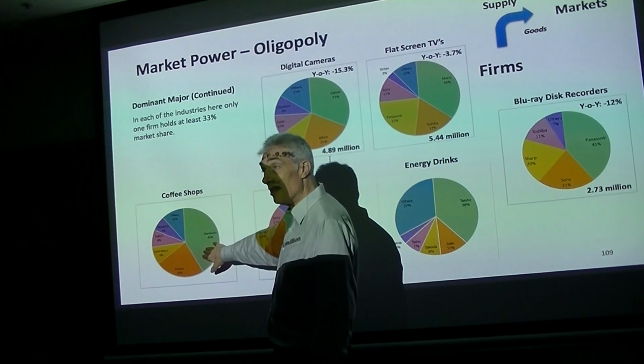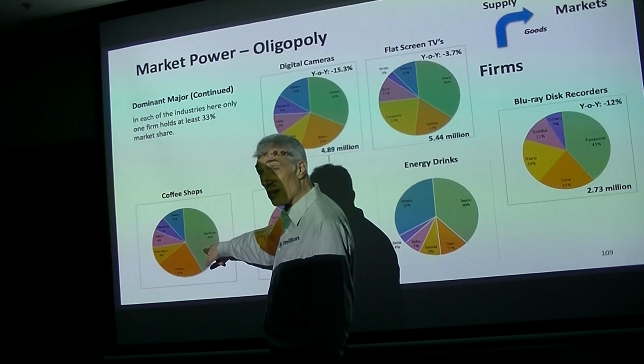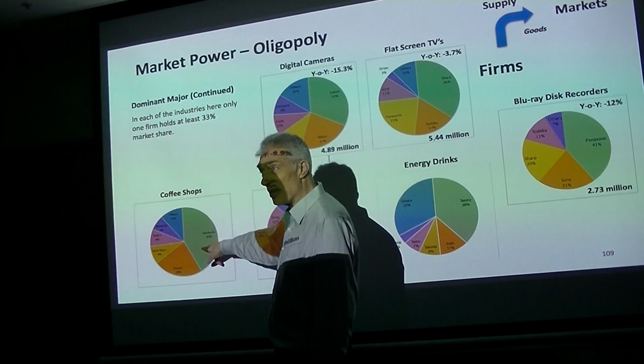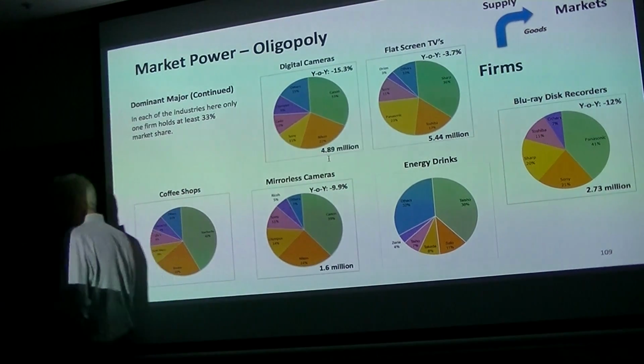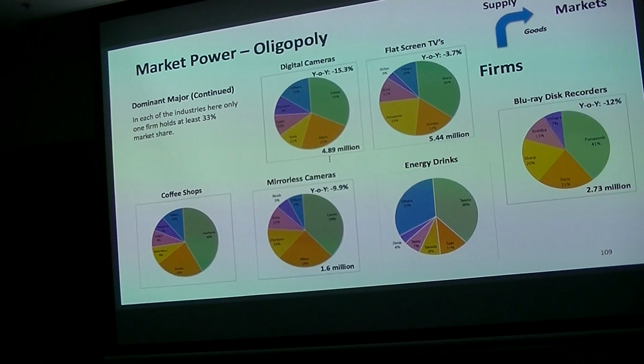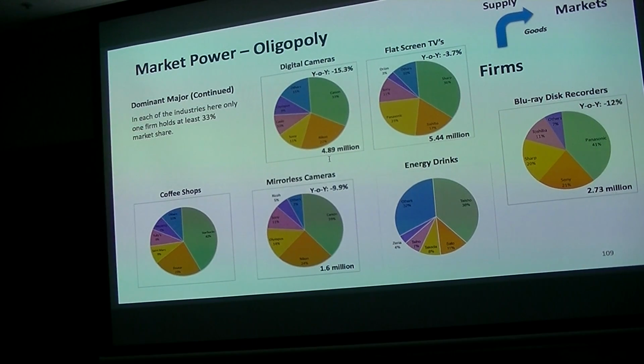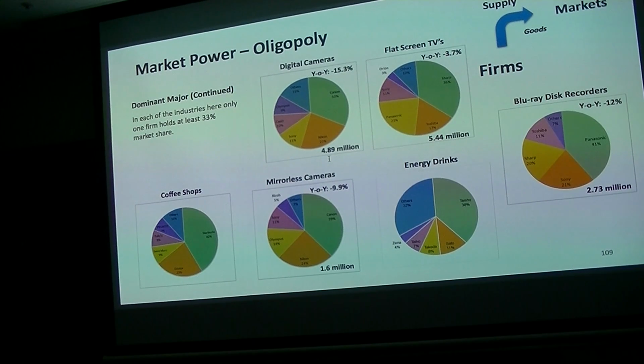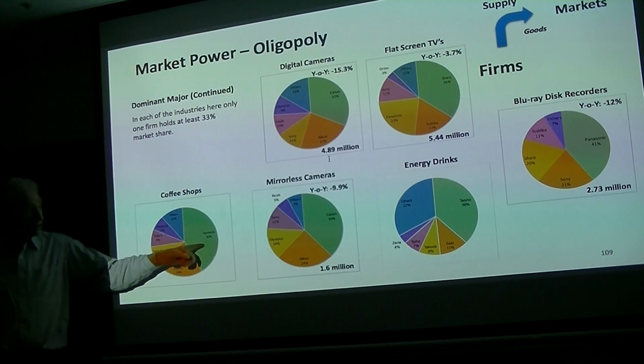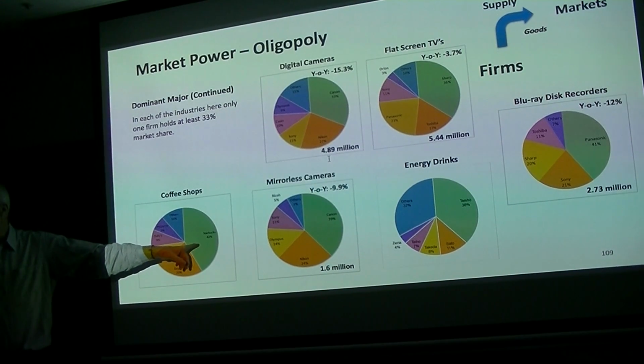This one I think is interesting. Coffee shop. Starbucks, 42% market share. They really came in. I remember when they came into the market in the late 90s, and coffee shops were terrible. I know some people would say otherwise, but most of the coffee shops were really mediocre. Starbucks came in and just blew the market away.